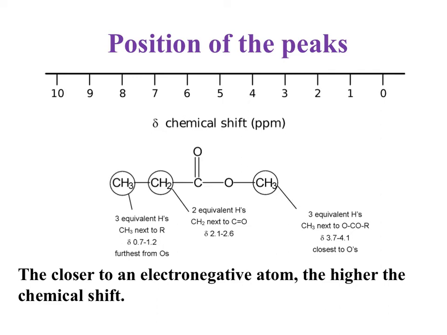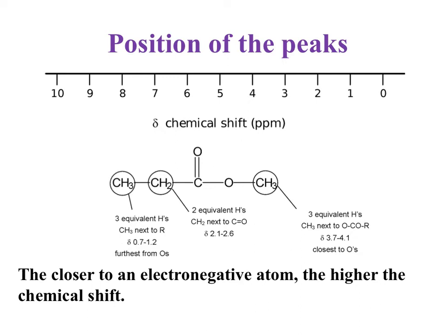Now if we look at the molecule on the screen, we have got an ester, methyl ethanoate. Now we're picking out our groups of equivalent hydrogens. There are 3 of them and they're circled for you. But we're taking this knowledge a step further and we are going to predict their chemical shifts.